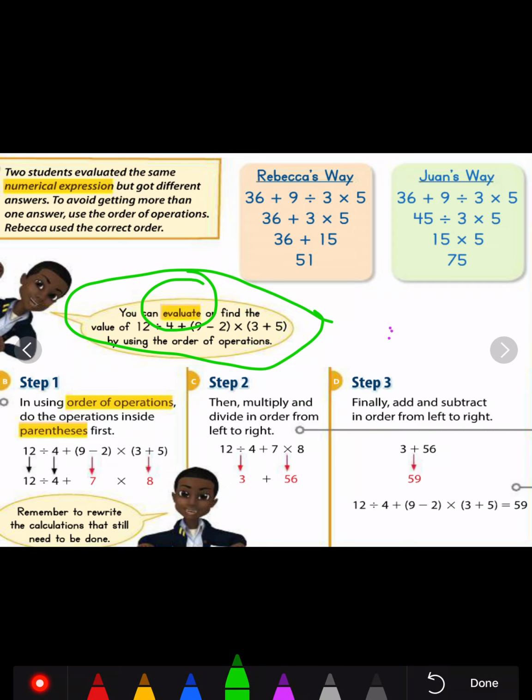Now, what is the order of operations? We have to follow an order while we are calculating the value of this numerical expression. We first start with parentheses, then multiplication and division from left to right, then addition and subtraction from left to right.